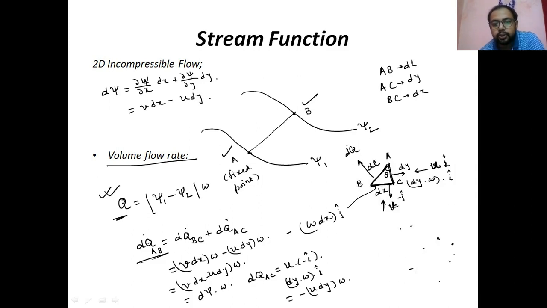This AB we are considering is a small part, not the whole thing, with dl, dx, and dy in this way. So the total flow rate is equal to the integration of width into d psi, where psi varies from psi 1 to psi 2.